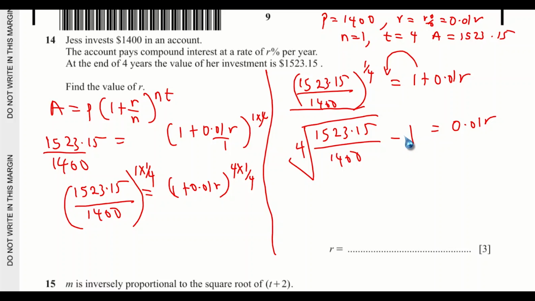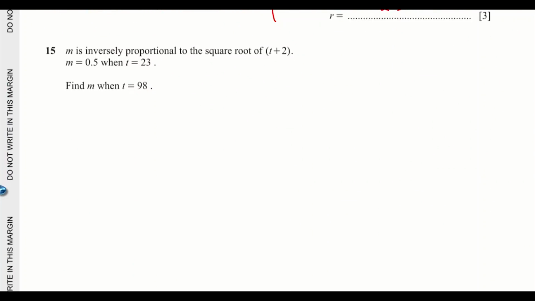So you can divide both sides by 0.01. This will give you 2.13 to 3 significant figures. So r equals 2.13. So let's go to the next question, question 15.